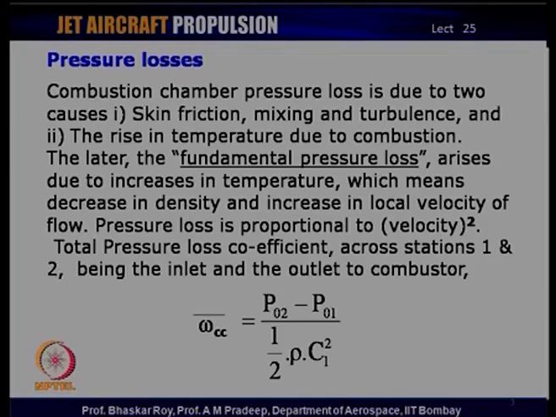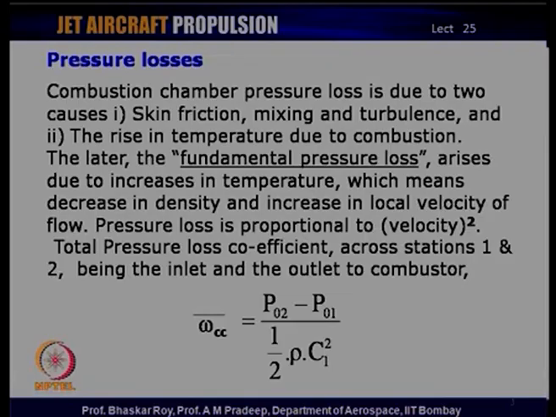The second kind of pressure loss is related to the rise of temperature due to combustion. The latter is often described as the fundamental pressure loss, because it is related to the combustion itself.